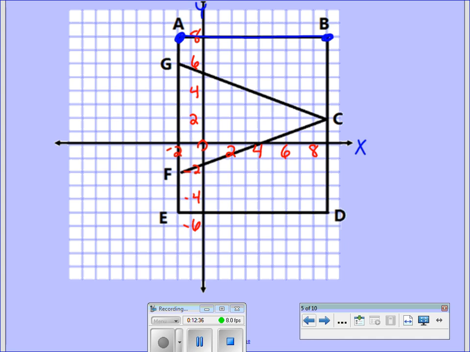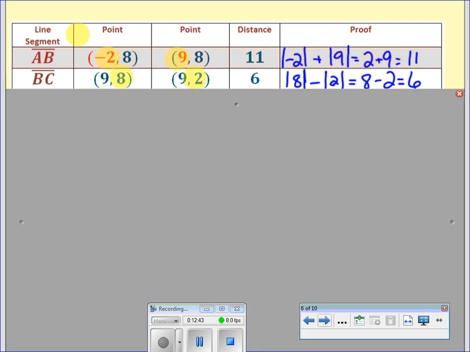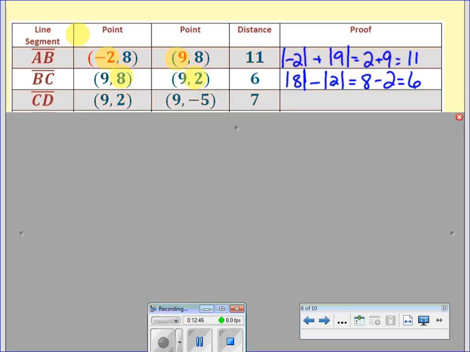So from B to C is here. We could always count: 1, 2, 3, 4, 5, 6. That worked. But we're not always going to have the coordinate pair to check on. So for the next one, our y coordinates are different, so that's a vertical line. Did I cross an axis?